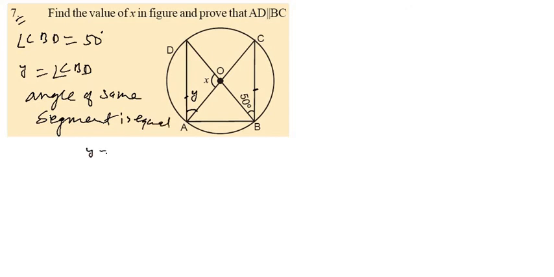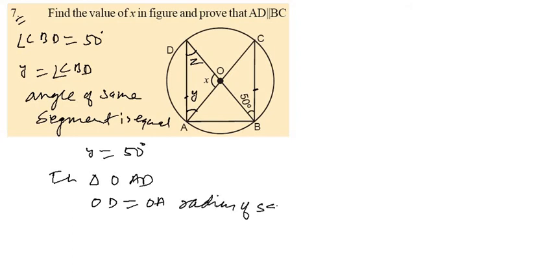Now here y is equal to 50 degrees. Suppose this is your z angle. As you know, in triangle OAD, OD is equal to OA, radii of the same circle. That means angle y is equal to z.